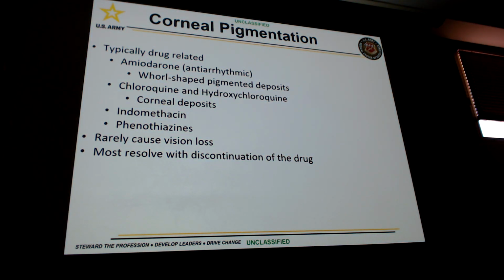A few pigmentation disorders in the cornea. Typically these are like a side effect of some sort of medication that the patients are taking. Whorl keratopathy, we'll show on the next slide here. That's due to too much amiodarone usage. Okay, I've seen whorl keratopathy in a patient.